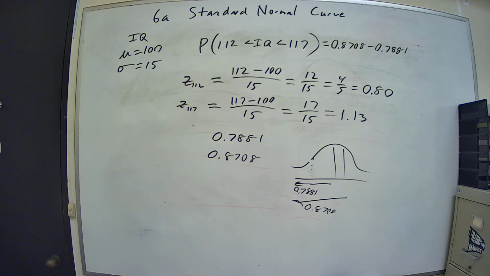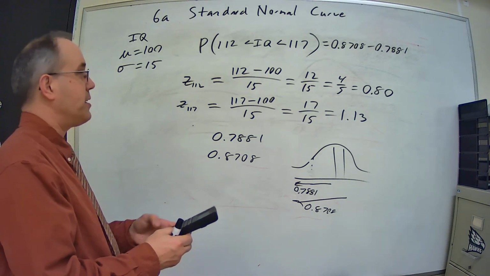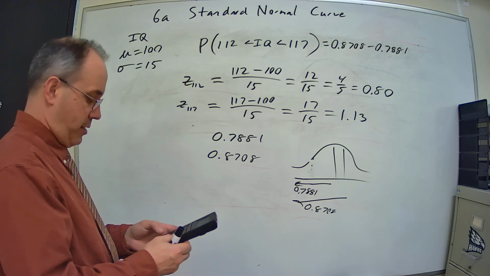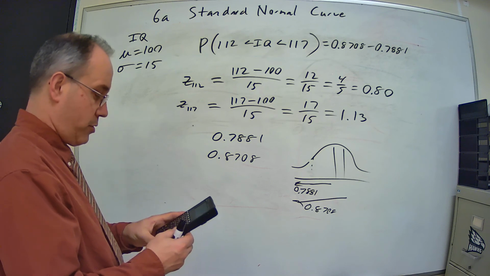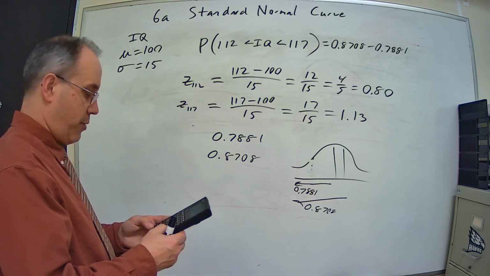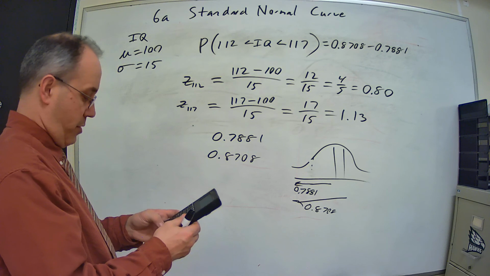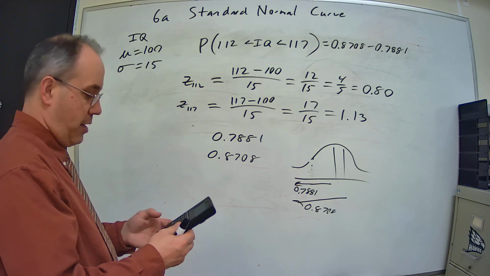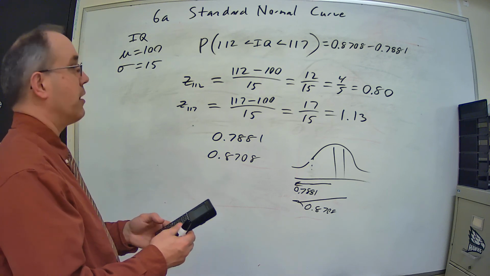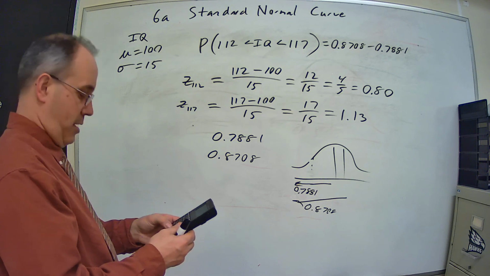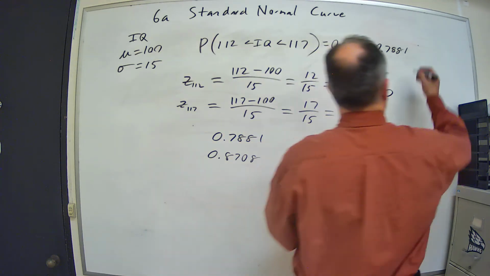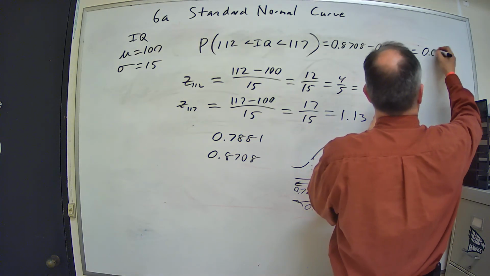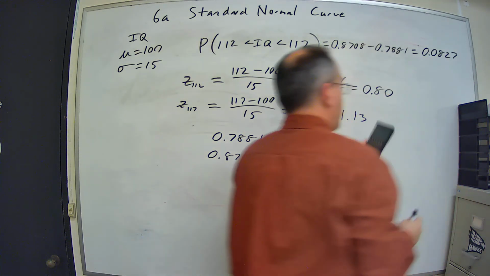Right? So just to make sure I don't do any stupid calculations in my head, 0.8708 minus 0.7881, and when we subtract, if we hit the right digits, we get 0.0827.